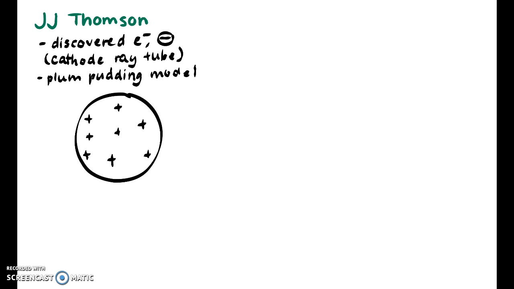And then in different places spread out, like chocolate chips in a chocolate chip cookie, we have negatively charged electrons scattered throughout. So in the whole, some parts of this cookie or plum pudding are positively charged, some parts are negatively charged, and this is what he called his plum pudding model.